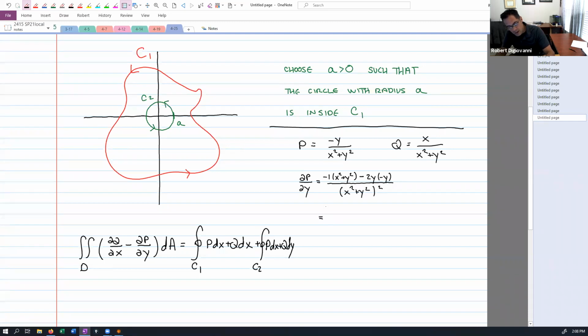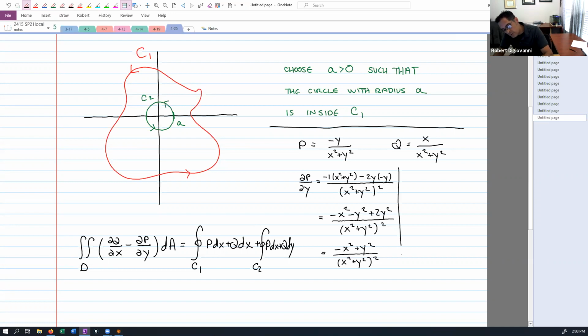And if I clean that up, let's see what I get. Negative X squared, then negative Y squared, then positive 2Y squared, all over X squared plus Y squared. This looks terrible. And then I get negative X squared plus Y squared all over X squared plus Y squared. Okay. That all right for the partial of P with respect to Y?